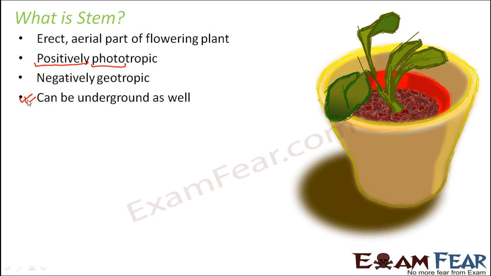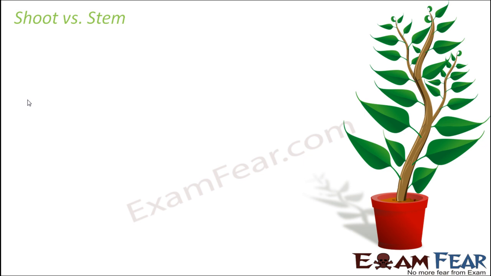Right? Now talking about stem, when a stem is young, it is generally green in color. But later, when the plant actually grows into a big tree, the stem also turns woody, from green to woody. Now many people get confused with shoot and stem.